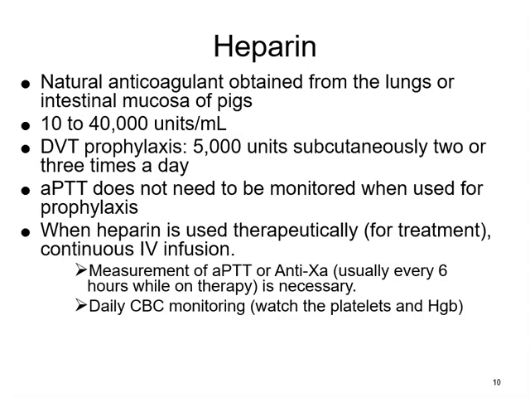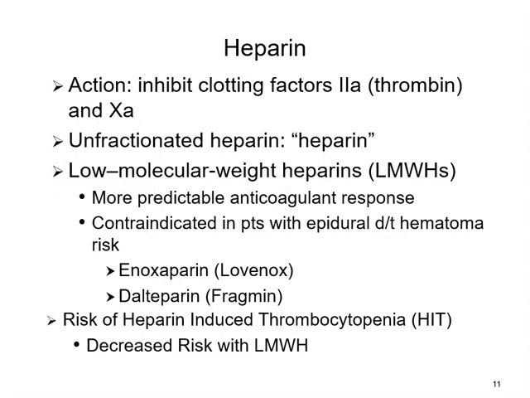All right, so heparin works by inhibiting 2A and also XA. And when we have our unfractionated heparin, that's called heparin, and low molecular weight is called Lovenox. So the big difference between Lovenox and heparin is that Lovenox does not need to have lab monitoring with it. So we like it for that reason.